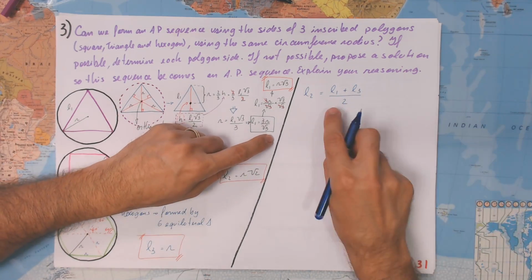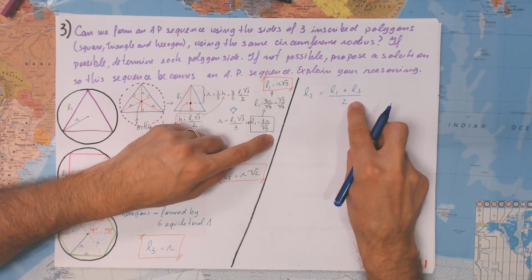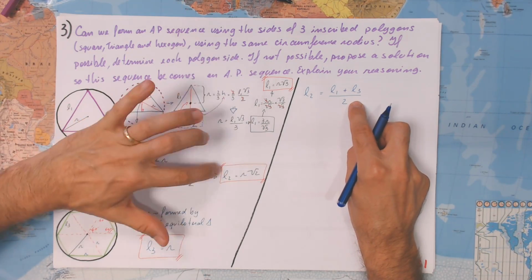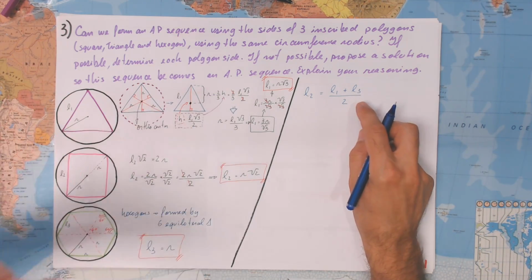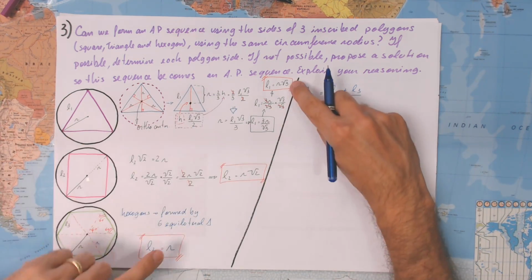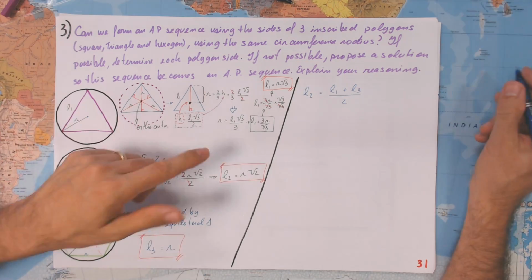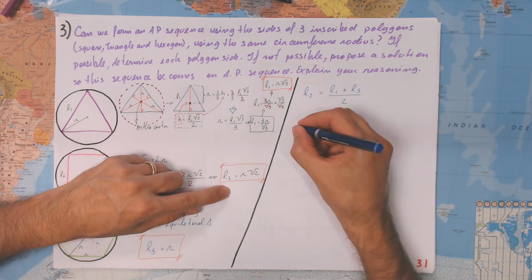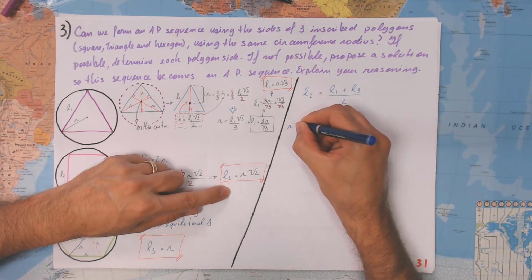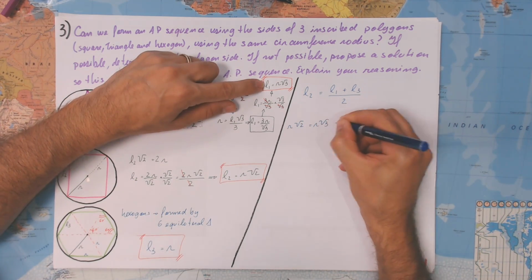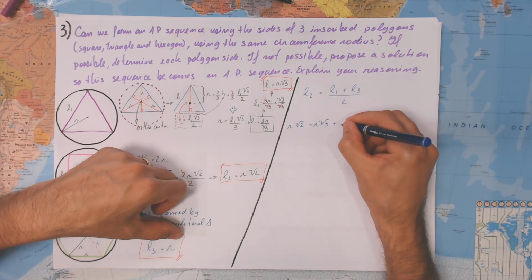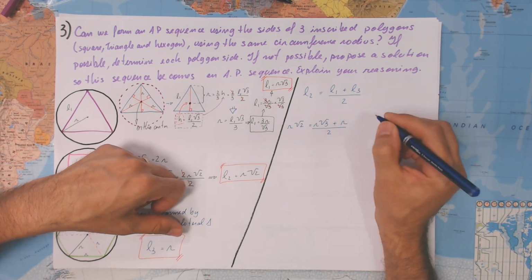Now, if this is true, I can tell that those three lengths are going to be an AP sequence. But they gotta be like this. This is the average of those two. Now, let's just substitute. R square root of 2 is going to be L1 plus L3 divided by 2.